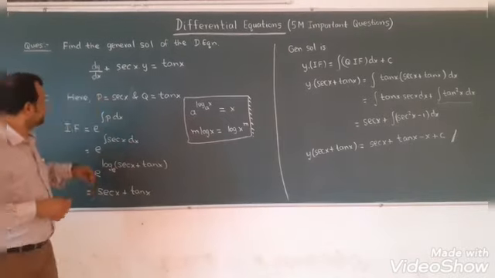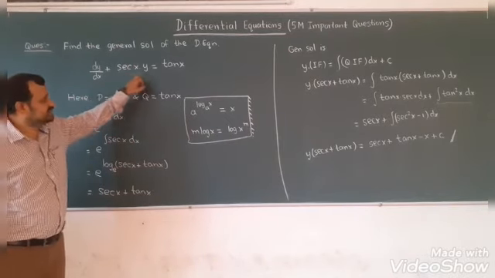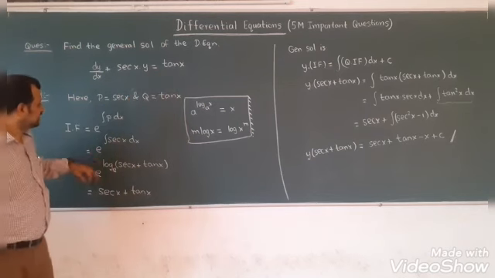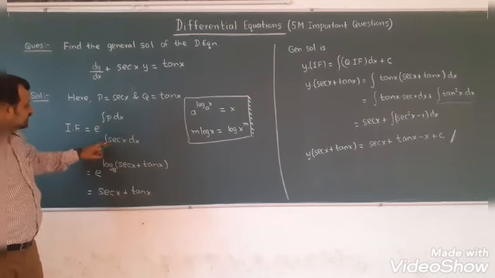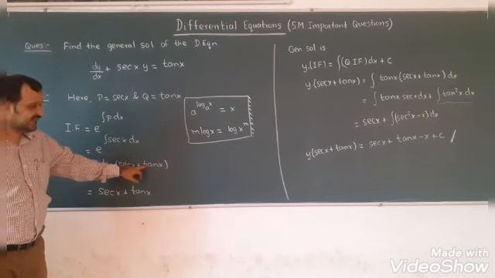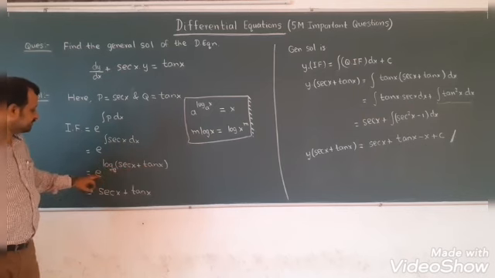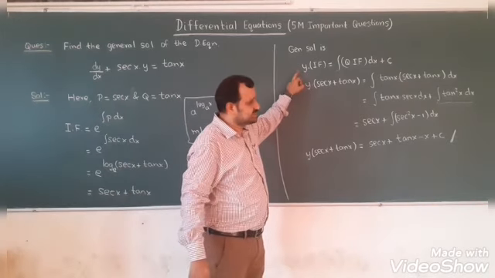So same only: coefficient of dy by dx is 1, p is secant x, q is tan x. Integrating factor is e power integral of p dx. So integral of secant x is log of secant x plus tan x. Since base is same, the integrating factor is secant x plus tan x. General solution is given by this formula.